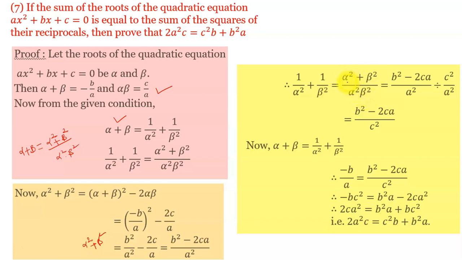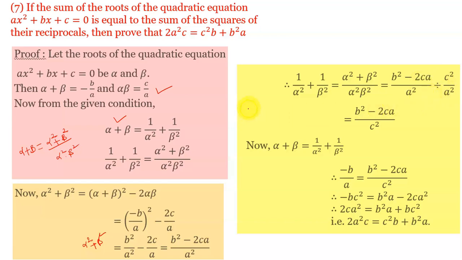But what is the value of this alpha square plus beta square? इथे आपण व्हॅल्यू काढली b square minus 2ca upon a square. This is the value, and this is divided by alpha square into beta square. What is the value of alpha square beta square? We know alpha into beta is c upon a, but त्याचा स्क्वेअर केला आपण. ओके, डिव्हिजनचं साइन, त्याचा स्क्वेअर c square upon a square, then multiplied and reciprocal.